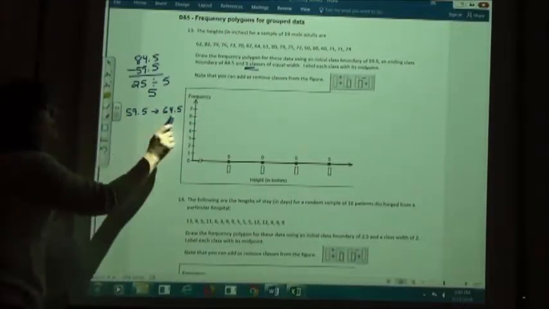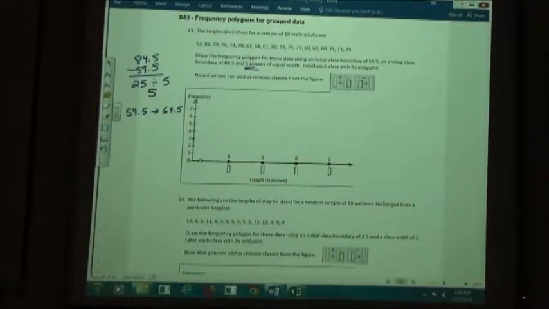We have to find the midpoint of that. How can I find the midpoint of my two numbers? Add them together and divide by 2, right? So take 59.5 plus 64.5 and divide it by 2.